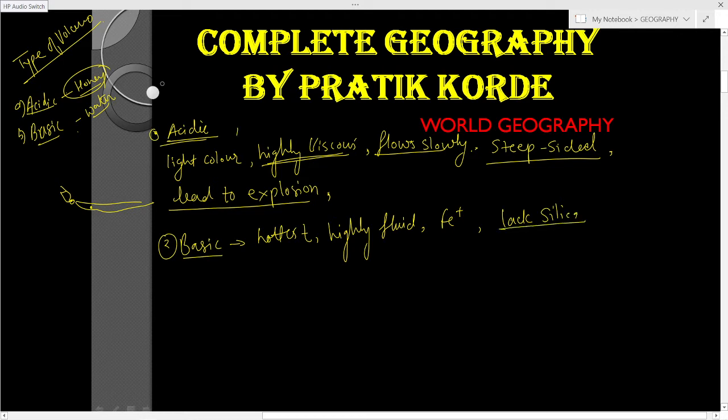As far as acidic is concerned, there is excess of silica. Then the presence of iron makes it look darker. Then it forms thin sheets, and it is highly fluid. That topic I think we have discussed.